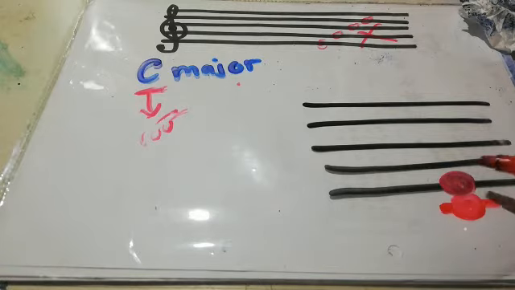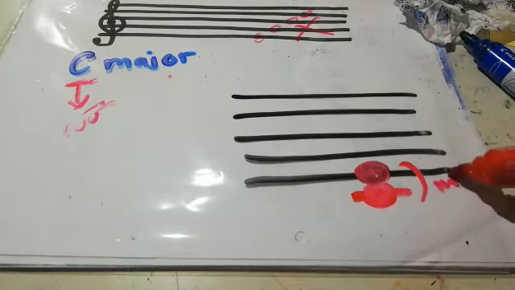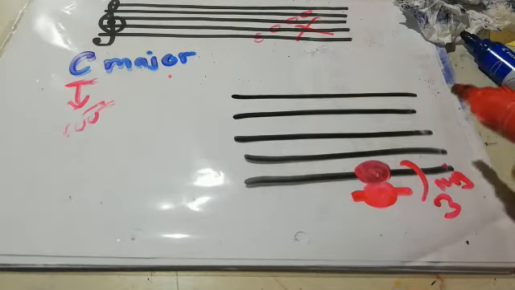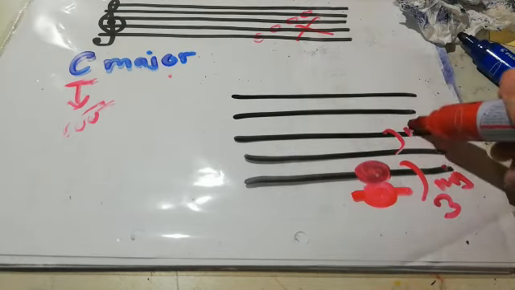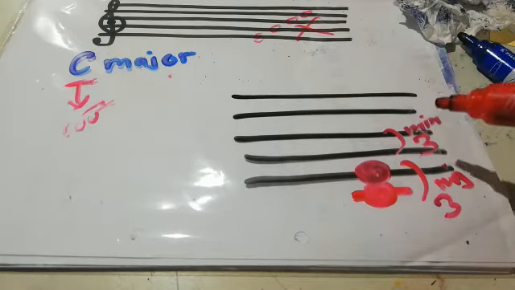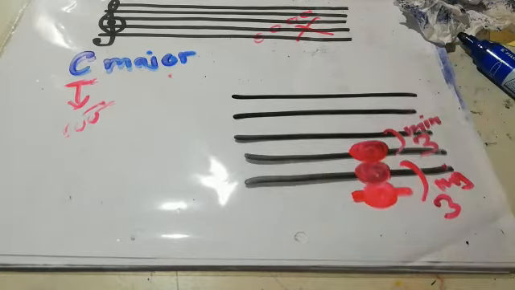So this to this is a major third interval. Then secondly, because it's a C major triad, the next interval would be a minor third. A minor third interval from E would be a G. And that forms our C major triad.